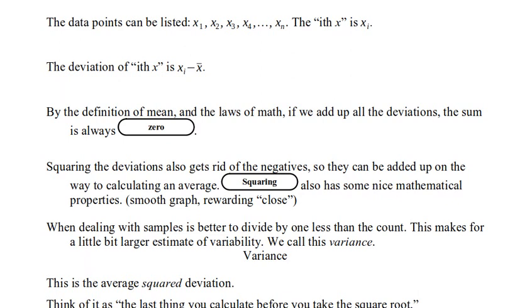We've then realized that we can't take the average of those deviations, or we'd just get 0. So we've squared those deviations. They're now all positive, or 0, and we've rewarded being close to the mean. This we then divided by 1 less than the count, and that's called variance.